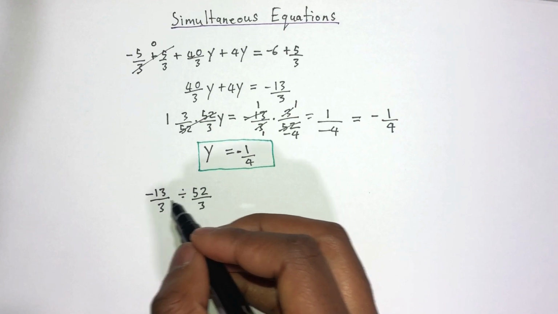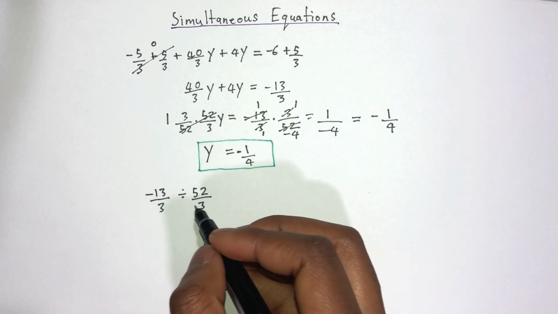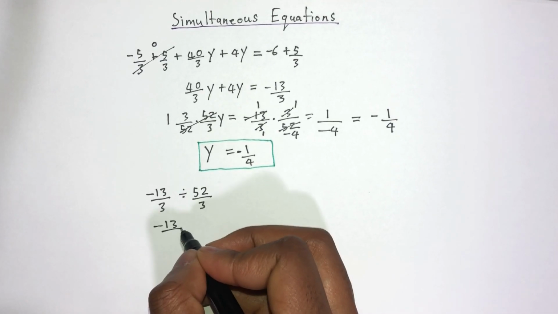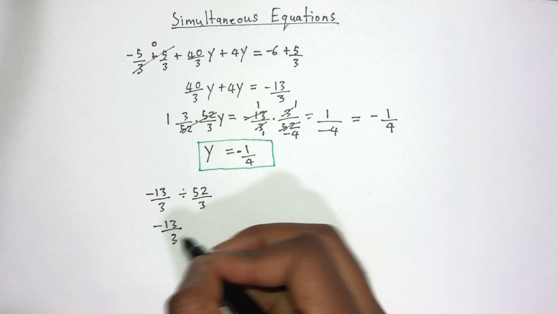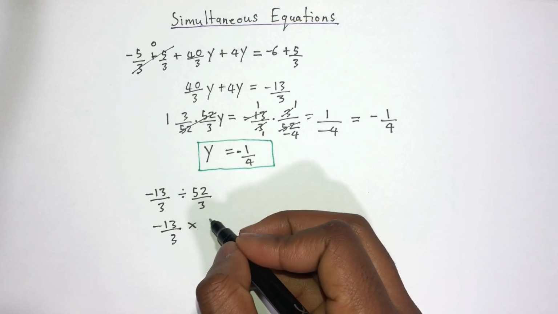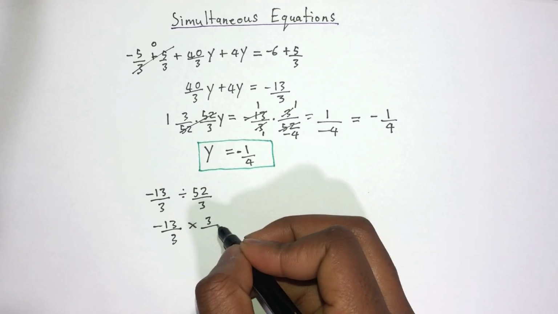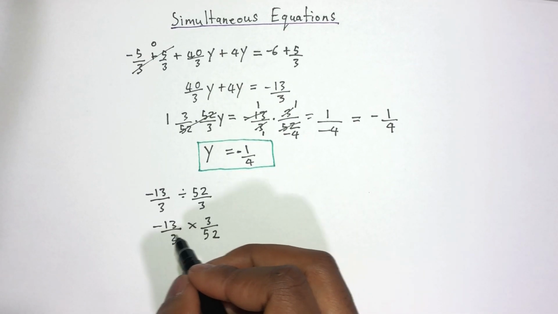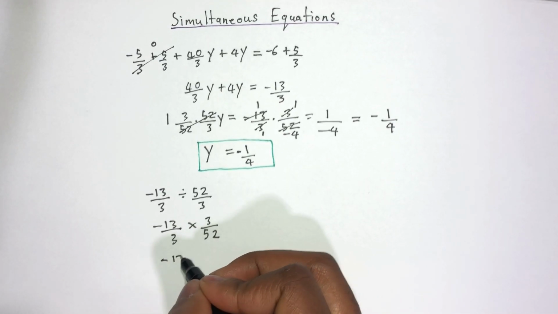So with that being said, we have negative 13 all over 3 times the reciprocal, 3/52.